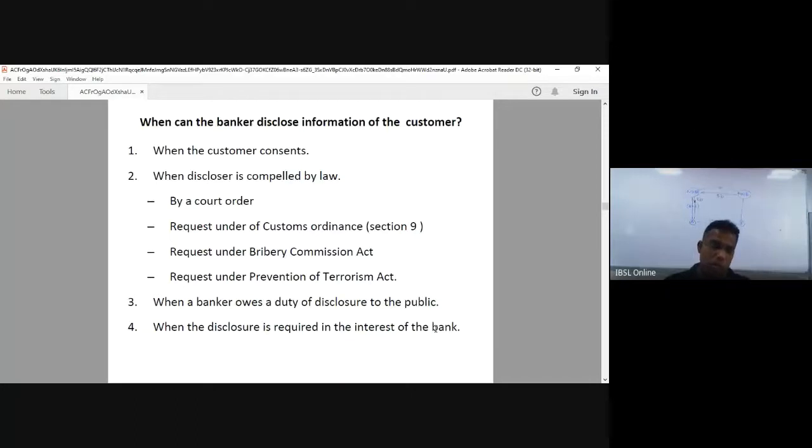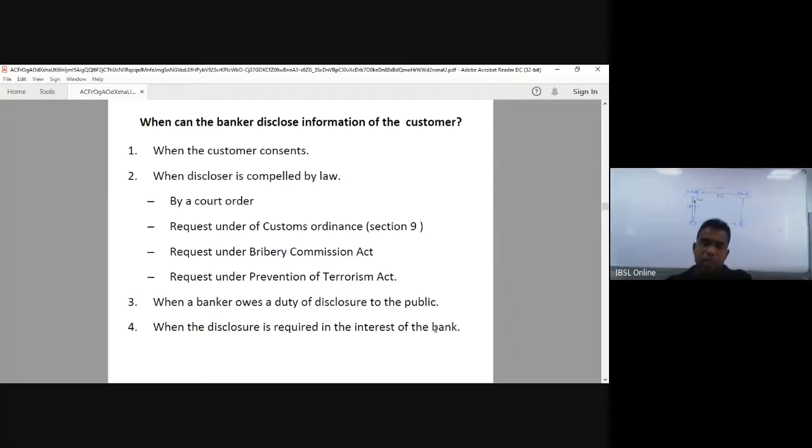You don't know that this is the drug dealer because he's maintaining the account under his real name, but this dealer is known in the public by some other name. Say Madhush. So his name is Madhush, and he's a drug dealer, but he's maintaining an account with your bank in a different name.